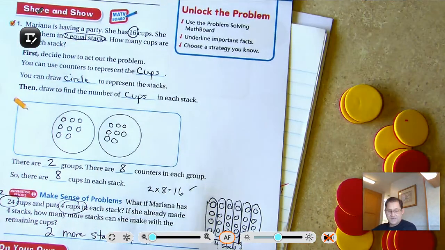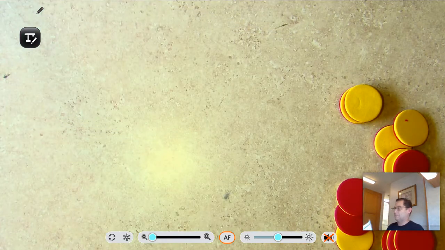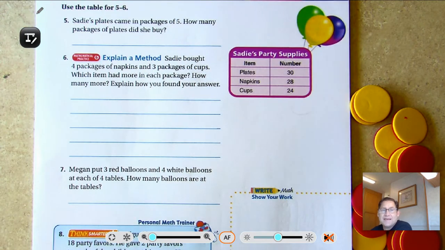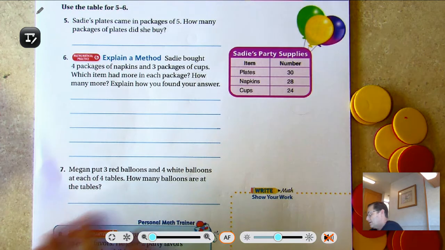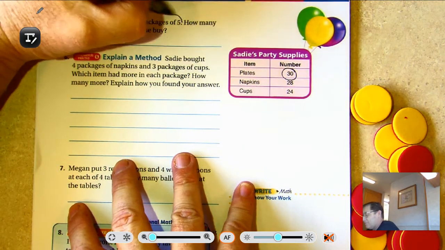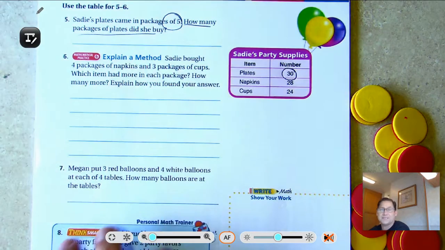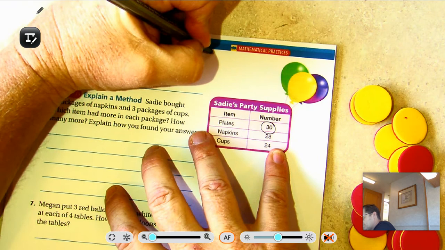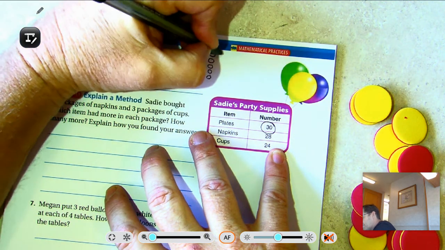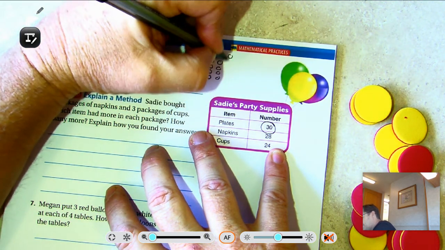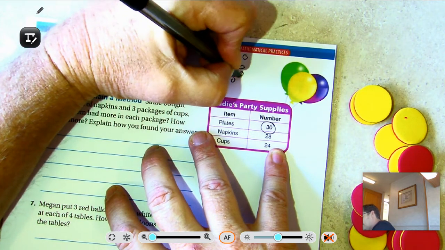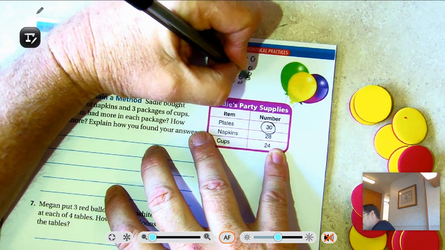All right, page 222. Sadie's plates came in packages of 5. How many packages of plates did she buy? So she has 30 plates, and they come in packages of 5. How many packages did she buy? So we need to draw 30: 5, 10, 15, 20, 25, 30.